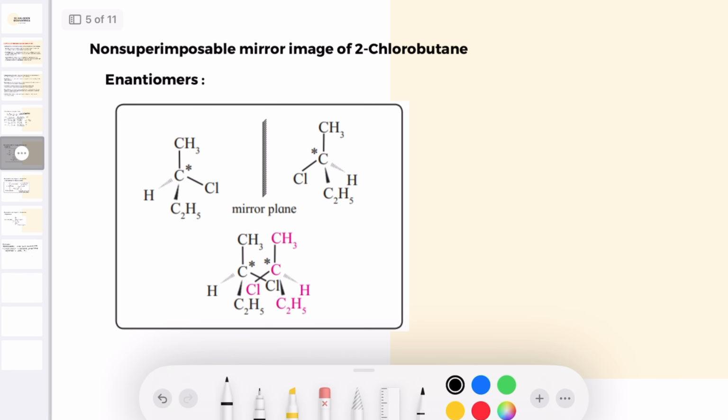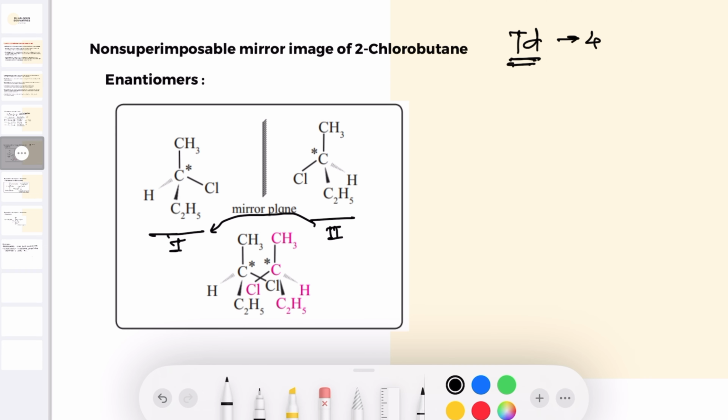We know that carbon is tetrahedral because of its 4 valency. So all 4 different groups attach in a tetrahedral fashion like this. And if we take the mirror plane of this first and I write the second, this is a 2-chlorobutane molecule, both are. Then what happens if we put this second image on the first?